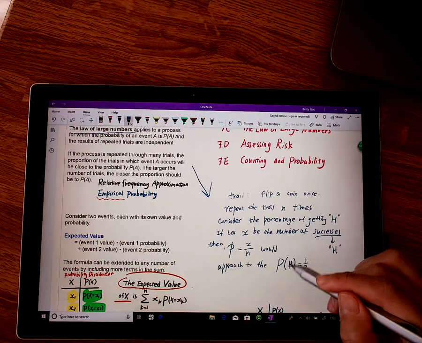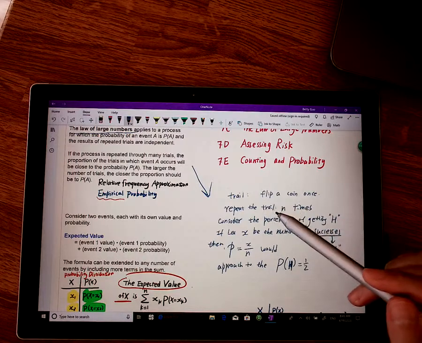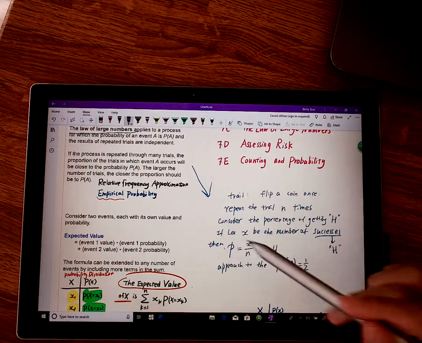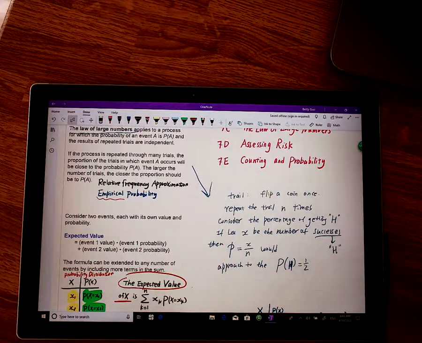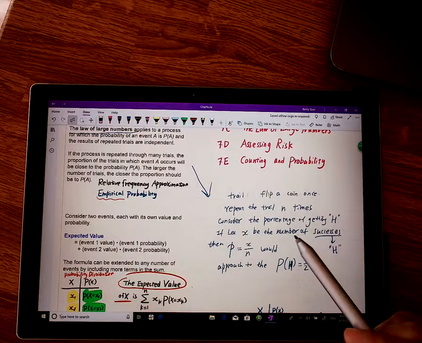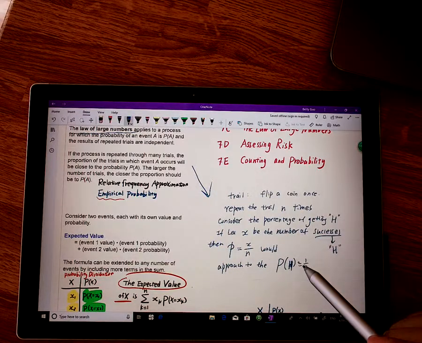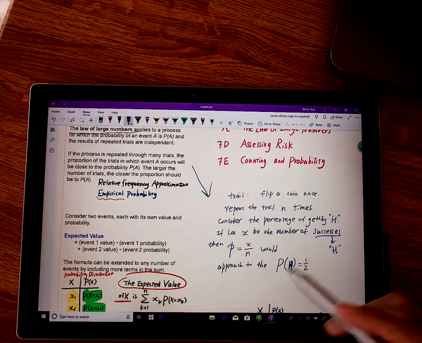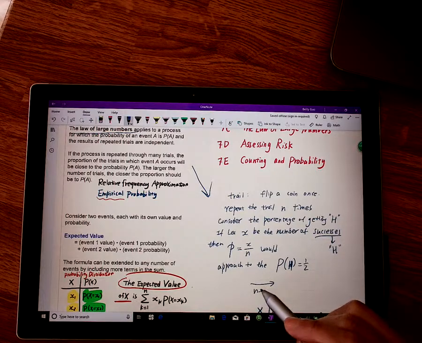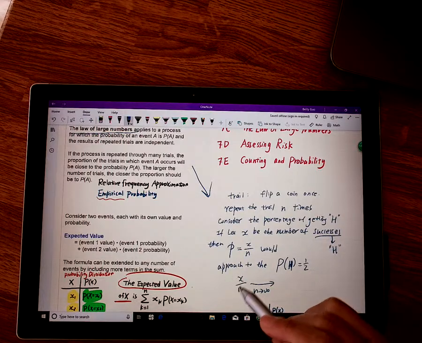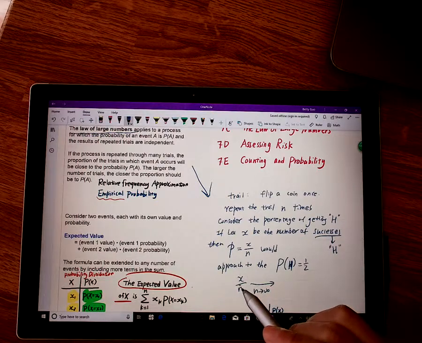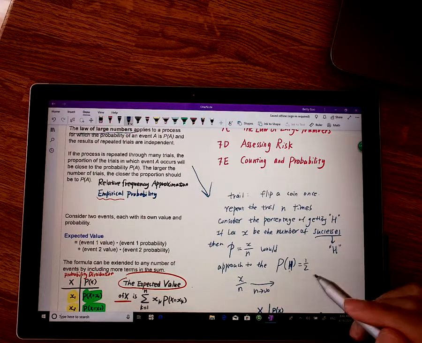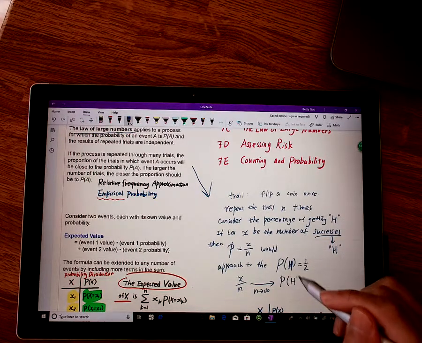And it turns out, if we repeat the trial enough times, then the proportion of getting a head would be very close to the actual probability of getting a head. As n approaches infinity, X over N, which is also the relative frequency, approaches the actual probability.